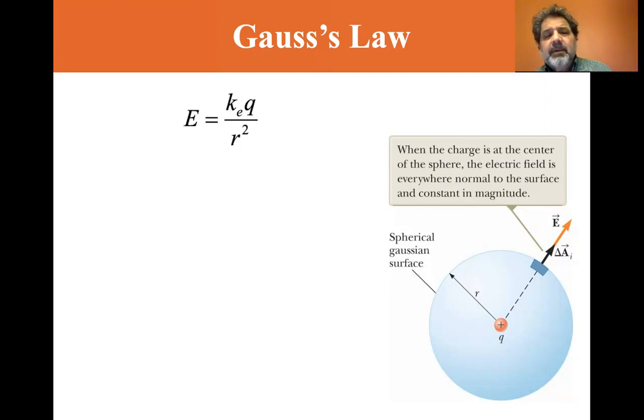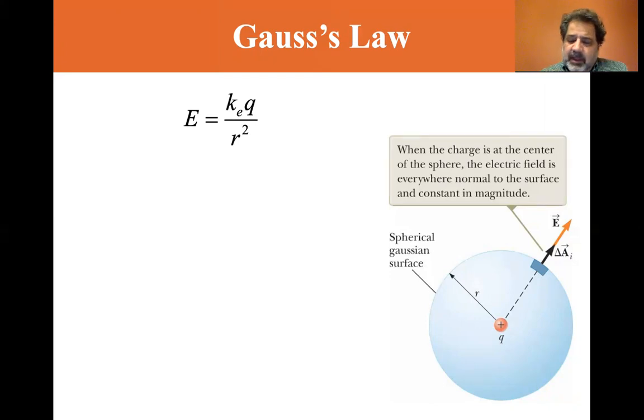So if we take E equals KEQ divided by R squared, that's just Coulomb's law, where KE is equal to 8.99 times 10 to the ninth Newton meter squared per Coulomb squared.